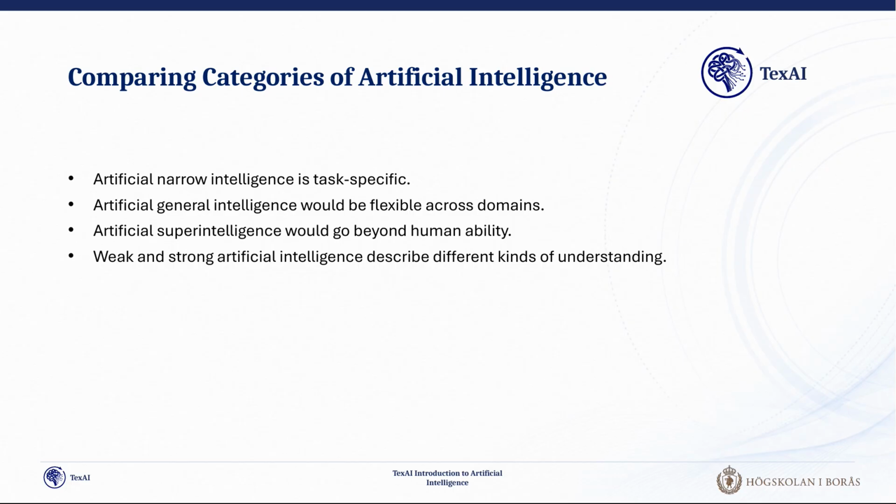Artificial superintelligence goes one step further as a theoretical idea. It refers to artificial intelligence that would surpass human intelligence in many or nearly all areas. Weak and strong artificial intelligence describe a related but different distinction. Weak artificial intelligence performs intelligent tasks, while strong artificial intelligence would involve broader human-like understanding.